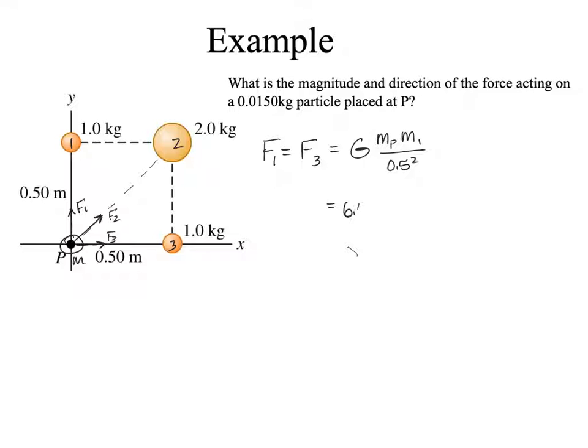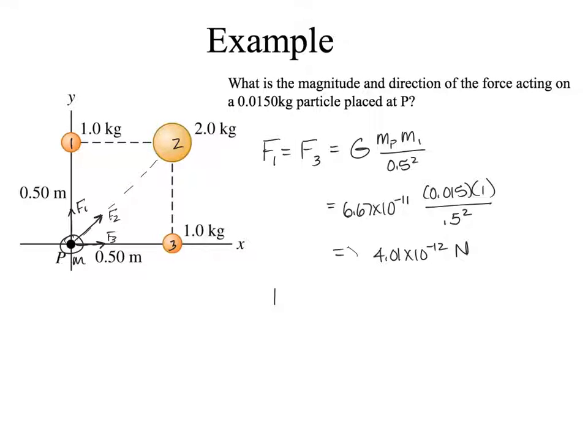So this is 6.67 times 10 to the minus 11 times 0.015 times 1 over 0.5 squared. And so that actually turns out to be 4.01 times 10 to the minus 12 newtons.